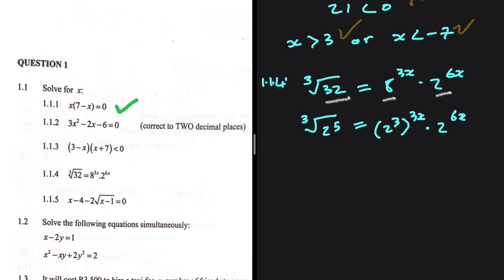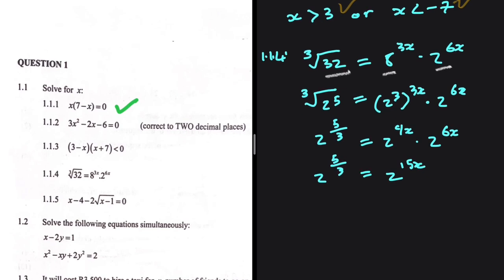So on the left hand side, we're going to have 2 to the power 5 divided by 3 equals 2 to the power 3 multiplied by 3x, that is 9x, multiplied by 2 to the power 6x. So 2 to the power 5 divided by 3 stays as is. Same bases, we can just add the exponents, 15x.